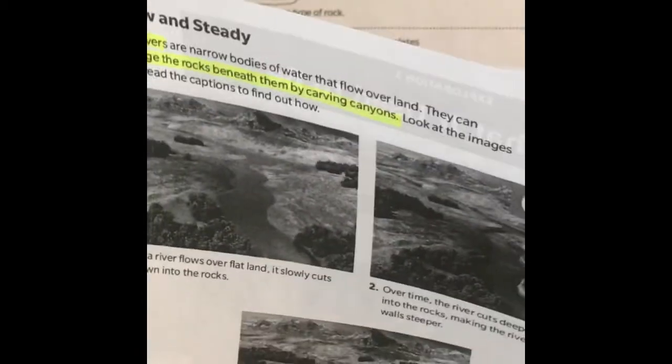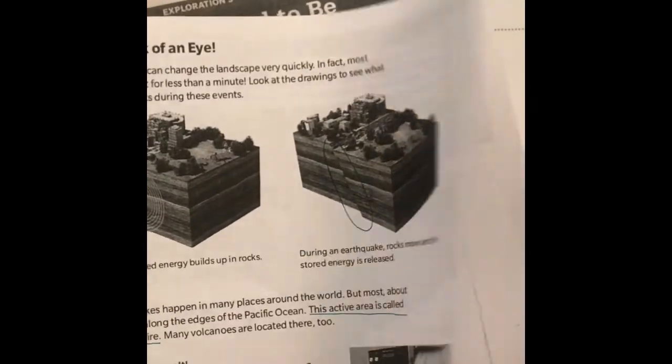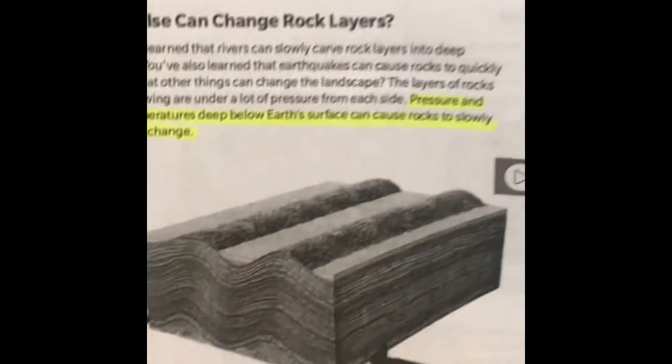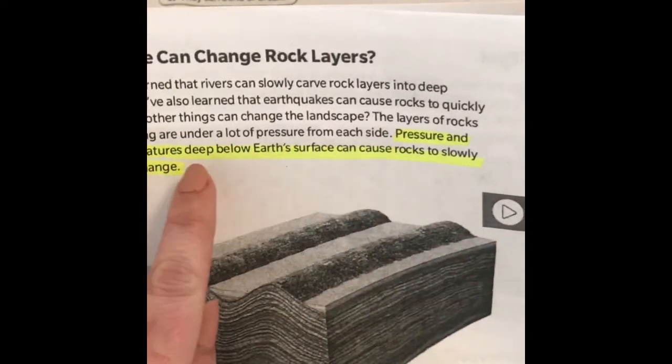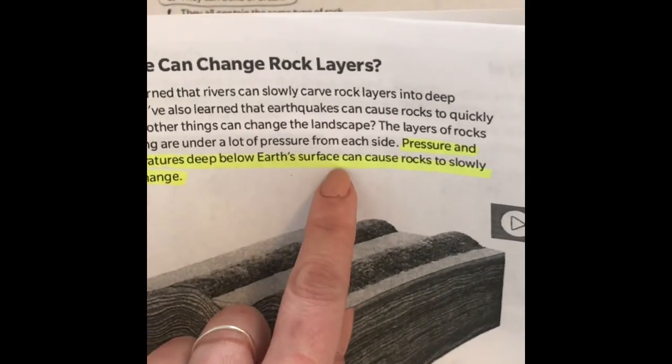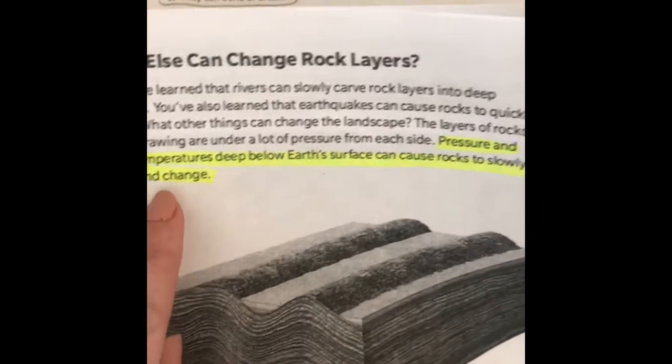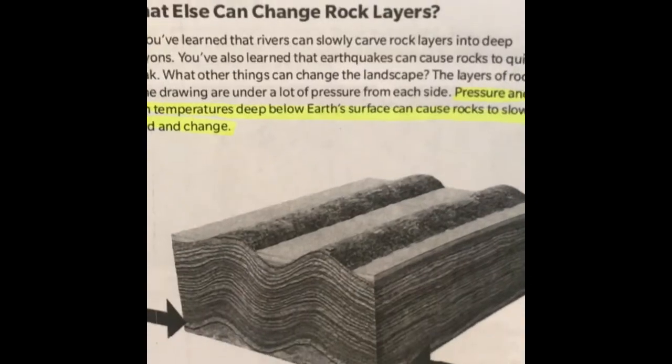I'm just showing you what I highlighted, and then I'm going to write my answer based off of everything I highlighted. I found pressure and high temperatures on page 474. Pressure and high temperatures deep below Earth's surface can cause rocks to slowly bend and change.